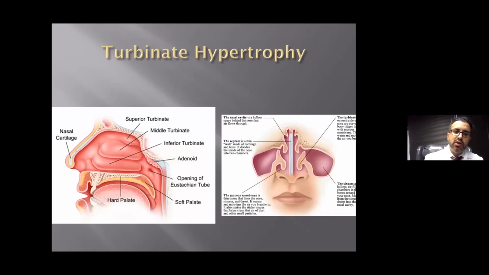So if your turbinate, which is a normal structure, and its function is to humidify air, to filter the air, and actually improves oxygen extraction, is enlarged, it can become an obstruction and lead to blockage. So we have three turbinates, and really just the bottom one is involved in regulating airflow. Next slide.